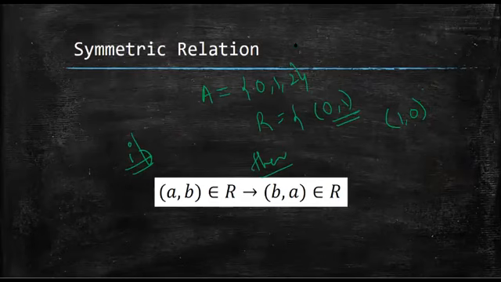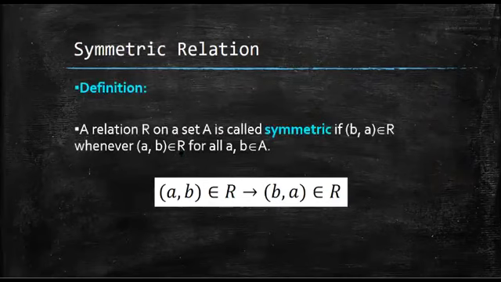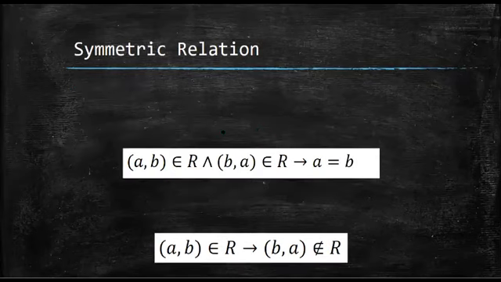Along with that, we also have antisymmetric and asymmetric, which are similar properties to symmetric relations. So we will see the following. A relation R on a set A is called symmetric if B comma A belongs to R whenever A comma B belongs to R. Both A and B are in the set A. Now let's see about antisymmetric.